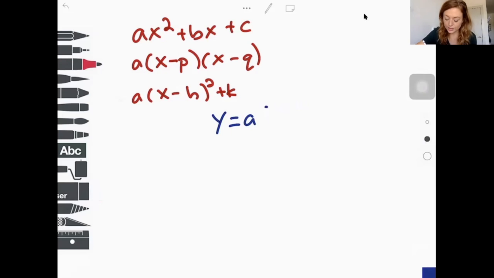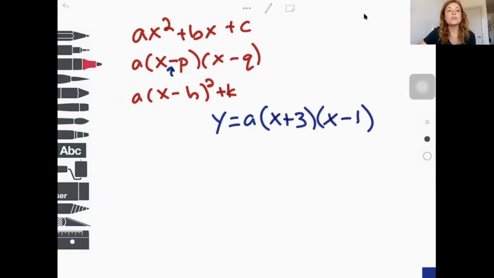So parenthesis x, and it's minus p, so it's going to be the opposite sign. We had an x-intercept at -3 and an x-intercept at +1. So -3 now becomes +3, and the other one was a +1, so it becomes -1.